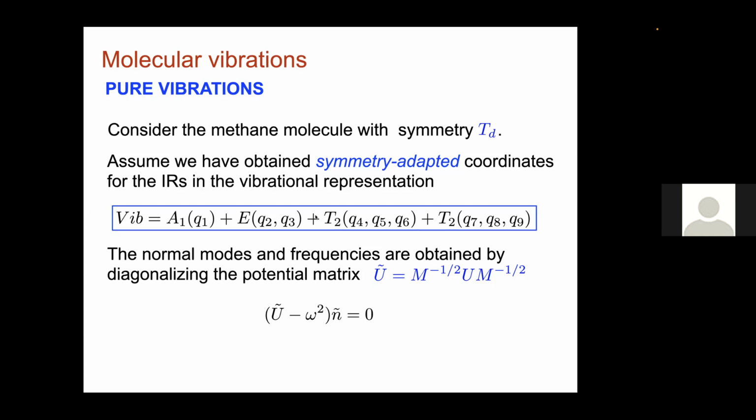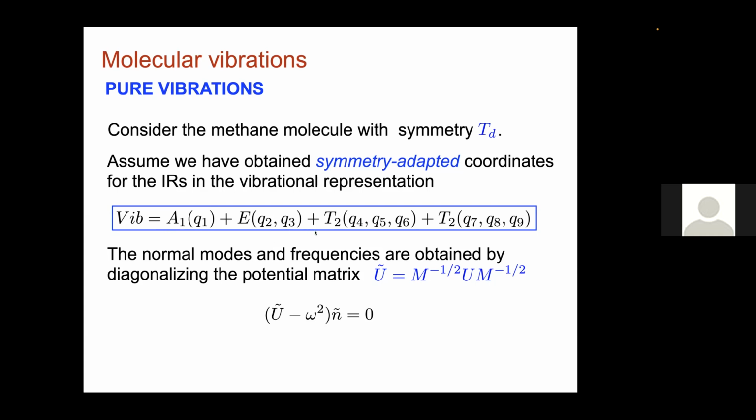If I use a different coordinate system, I lose completely the block structure. So here we are going to assume that in this 9-dimensional space, because the space of vibration is just 9-dimensional, we are choosing coordinates such that the block structure is obvious, okay? You don't know yet how to obtain these coordinates. This is non-trivial, but there are methods in group theory to obtain them. There's the method of projectors, basically, okay? That we'll see, I think, a couple of lectures from now.